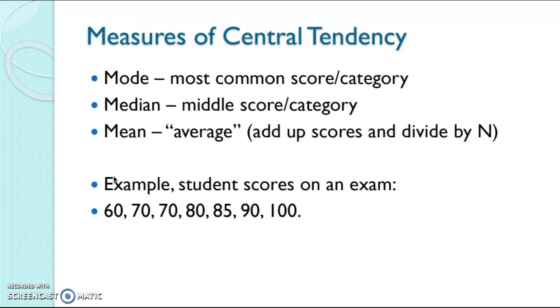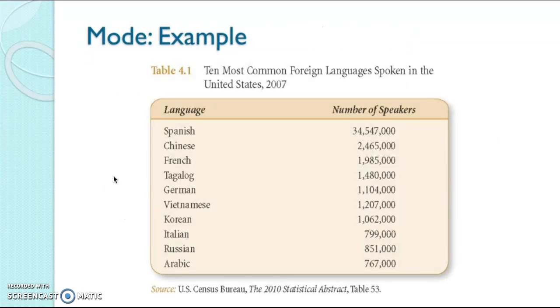So if these are the students' scores on an exam, the mode would be 70, the most common answer. The median would be 80, that number in the middle, and the mean, if you were to calculate it, is 79.3. There's also a few other ways to look at the mode, and this also connects to learning about different levels of measurement.